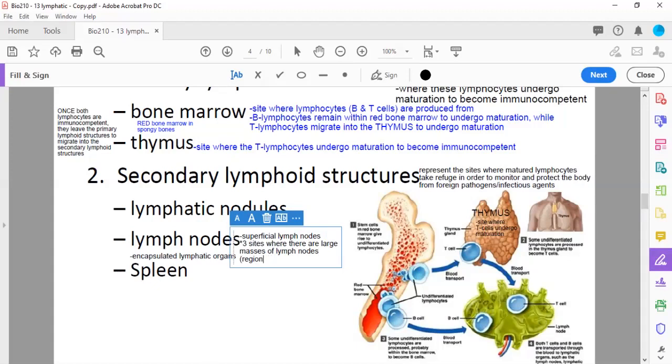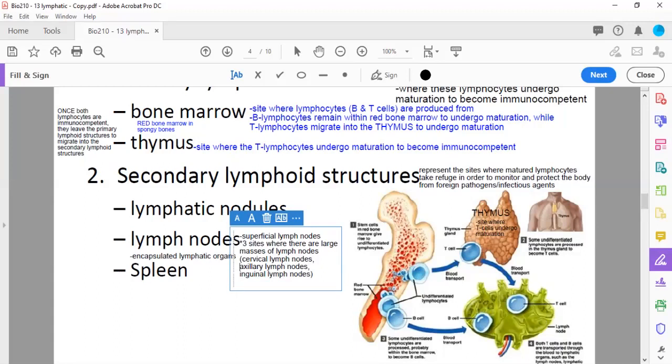We can use the word cervical lymph nodes, which means along the neck, and axillary lymph nodes, a group of lymph nodes found along the armpits, and inguinal lymph nodes, which means a group of superficial lymph nodes found along the inguinal region.